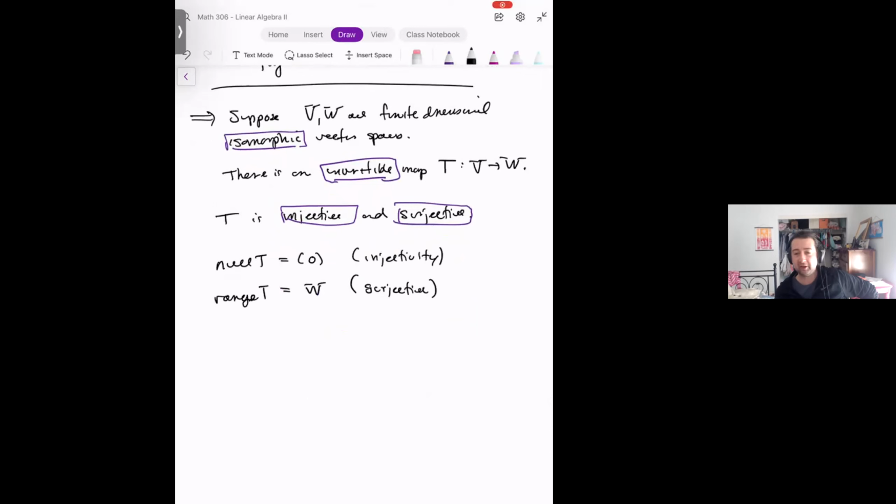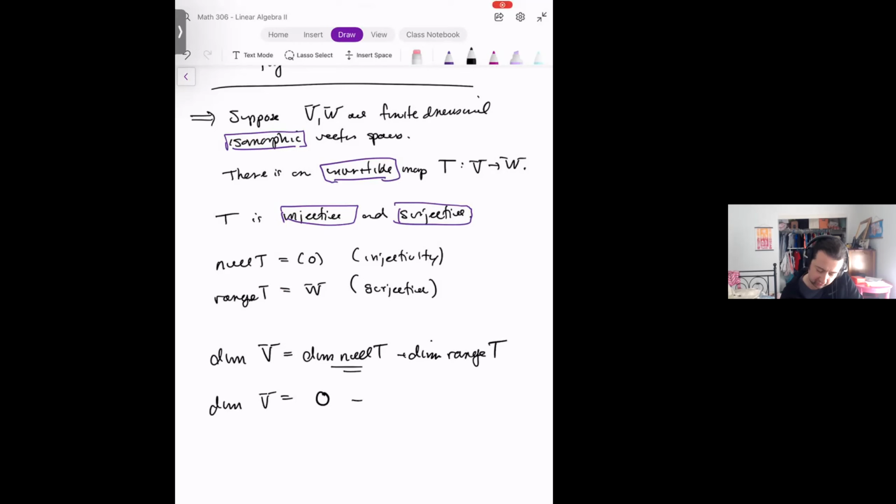So how are we going to show that the dimensions of V and W are the same? We're going to use the fundamental theorem of linear maps. We know that the dimension of V must be equal to the dimension of the null space of T plus the dimension of the range of T. The dimension of the null space of T is 0, because the null space of T was just the 0 vector.